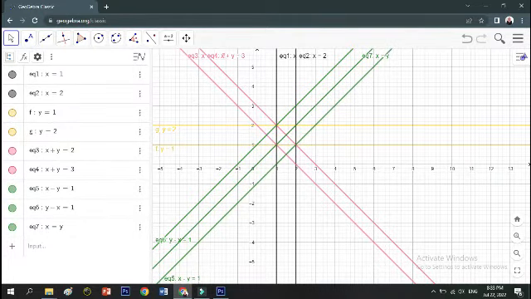After forming parallel lines and intersecting the x and y axis, we can make batik patterns to fill in the blanks.